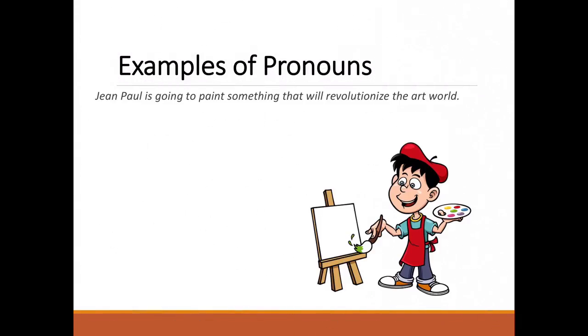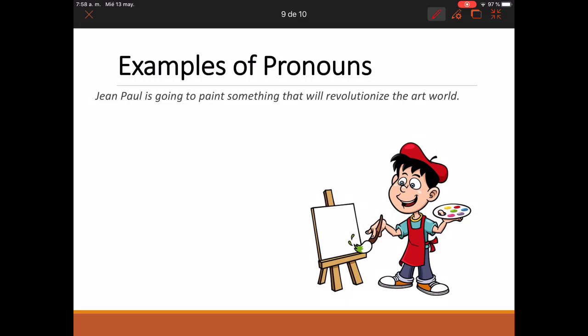Let's see another example. Jean Paul is going to paint something that will revolutionize the art world. If you see here, guys, the first thing you must identify is where is our subject. Jean Paul.